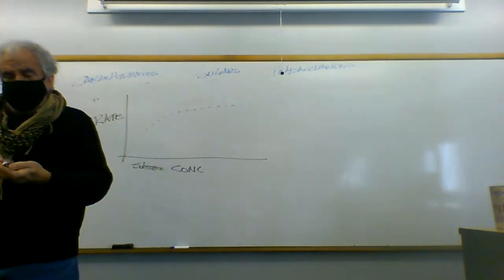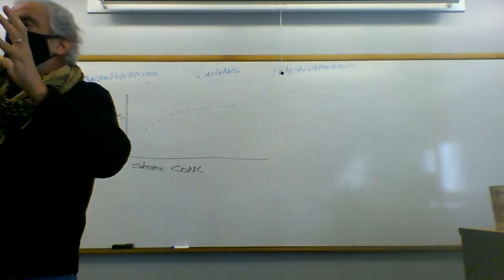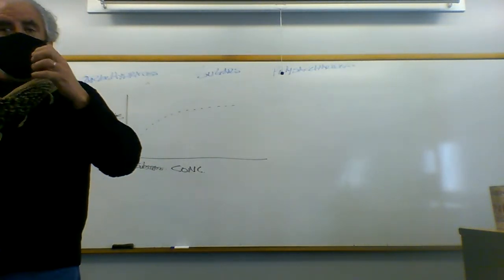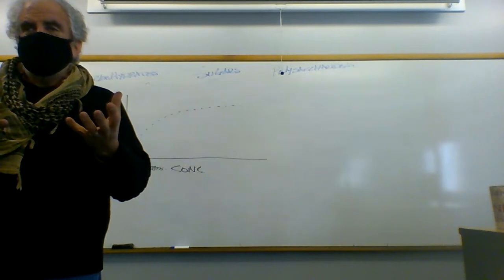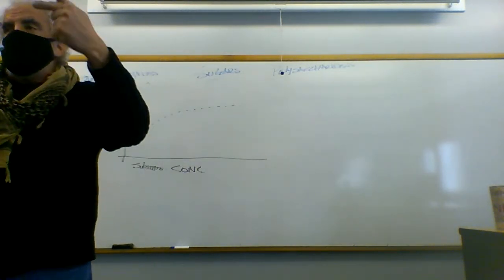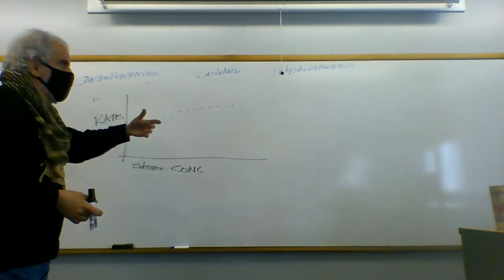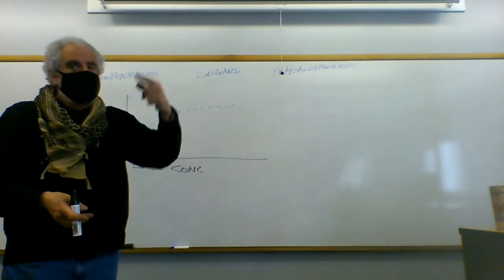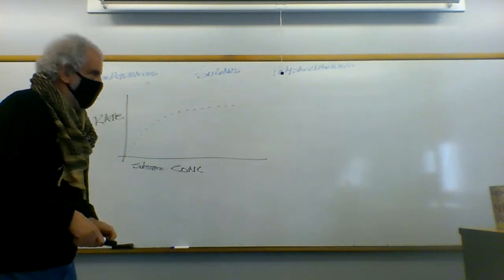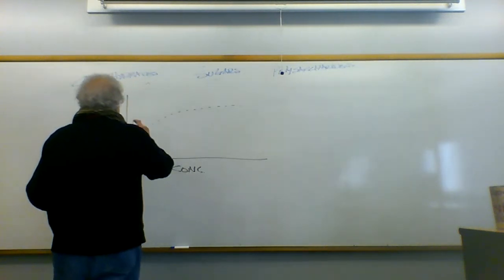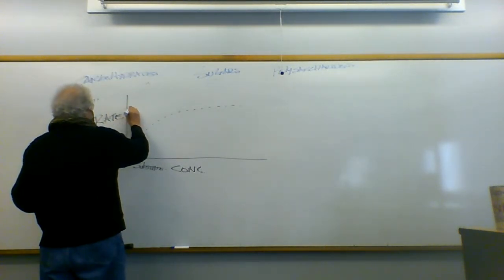And this is because the enzymes are physically interacting with the substrate. And with a given number of enzymes, there is going to be a given rate at which they can break down the substrate. Now, you could jack with this by adding more enzyme, but that's not how you do the experiment.